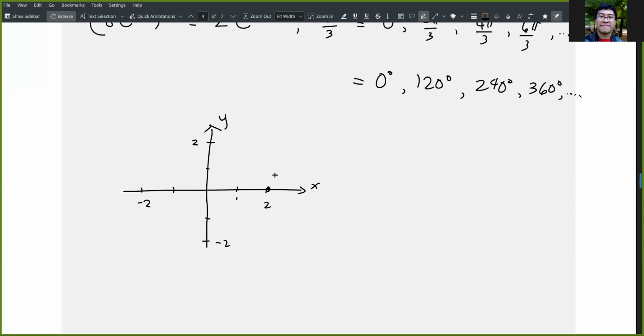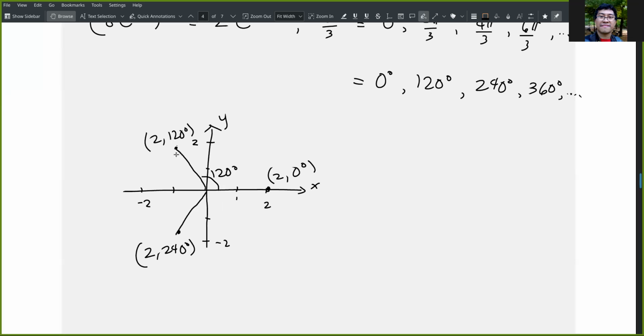Here, that's our point 2 at 0 degrees. Here at this point, at 120 degrees from the x-axis, that is our 2 at 120 degrees. And here, that would be your 2 at 240 degrees.